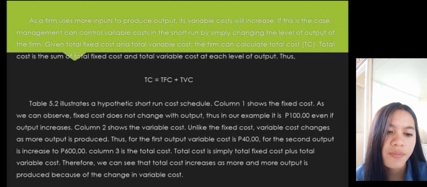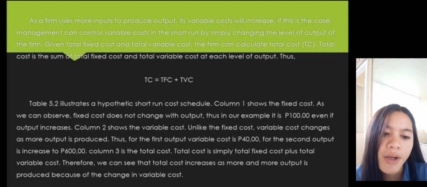Total cost is the sum of total fixed cost and total variable cost at each level of output, thus TC equals TFC plus TVC. So an iya formula is total cost is equals to total fixed cost plus total variable cost. So amo diyan iya formula.